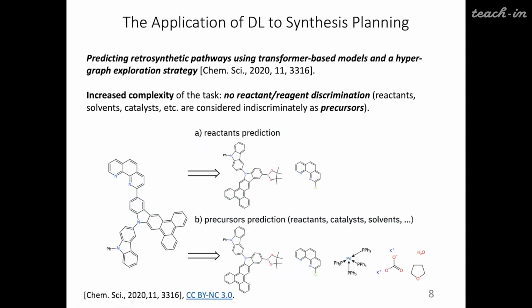So what should we discuss? I propose to discuss one of the works on synthesis prediction, one of the recent works from 2020, and this work is the development of the research project we had discussed previously, implemented in the IBM for chemistry platform.